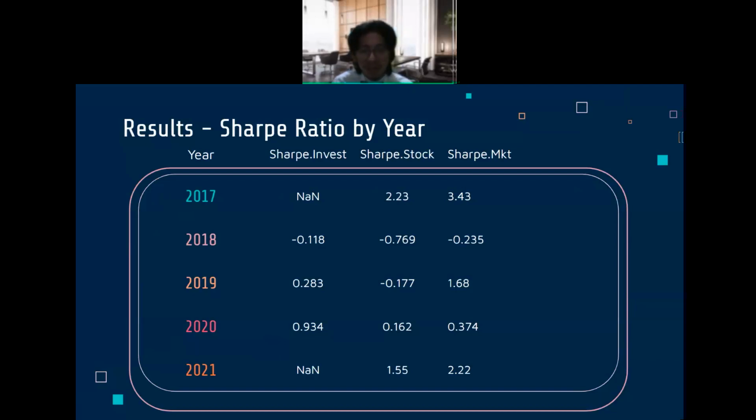In other words, the best decision that we could have made if we were investing was to follow our signals based on the trading strategy that we were implementing, because as the table shows, the Sharpe ratio of our trading strategy was 0.934, which is a really good sign because it's positive and it's very close to 1.